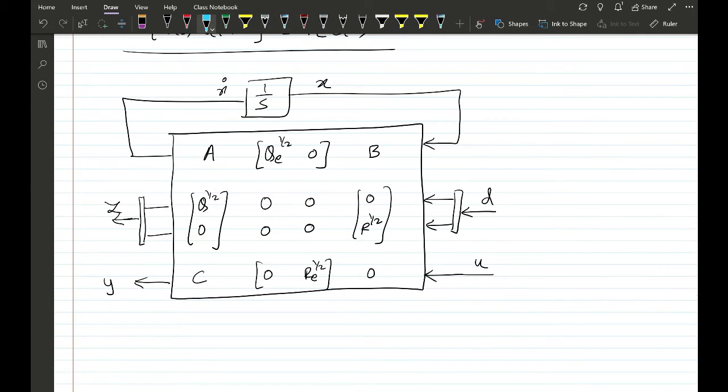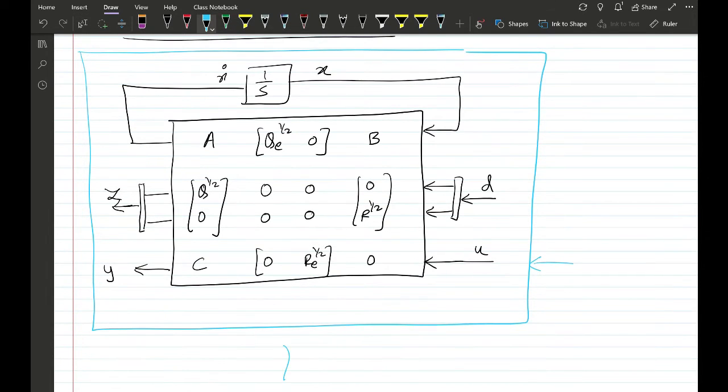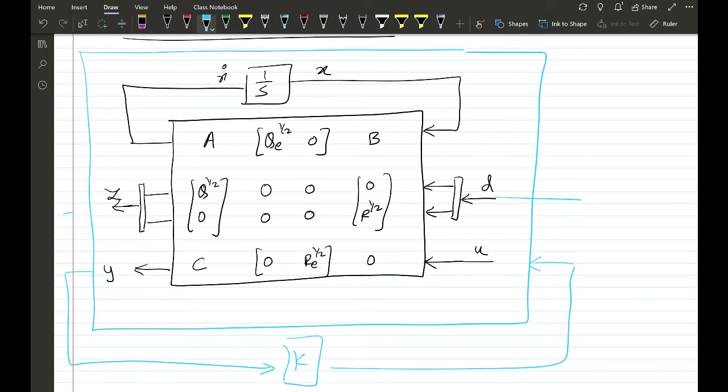So that's our generalized plant, where the U is coming from the controller and Y is going back to the controller, and D and Z govern the performance channels. That's our model, and the model matrices for our generalized plant can be simply written as this.